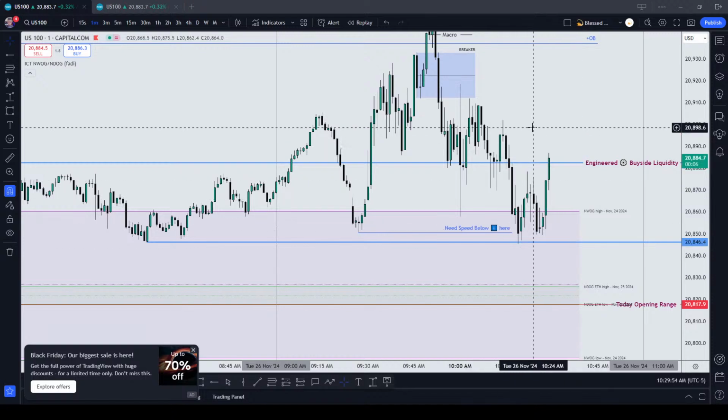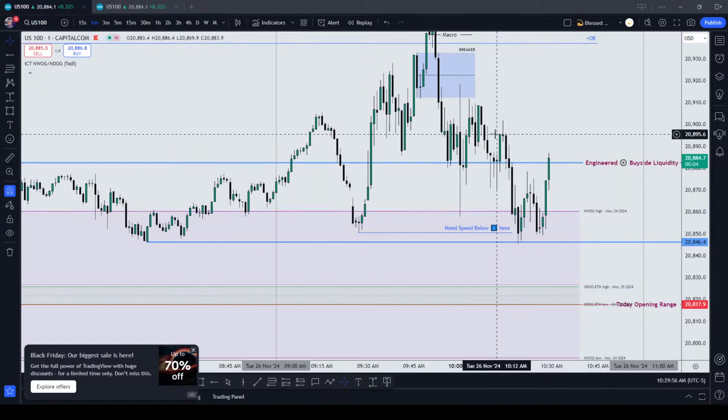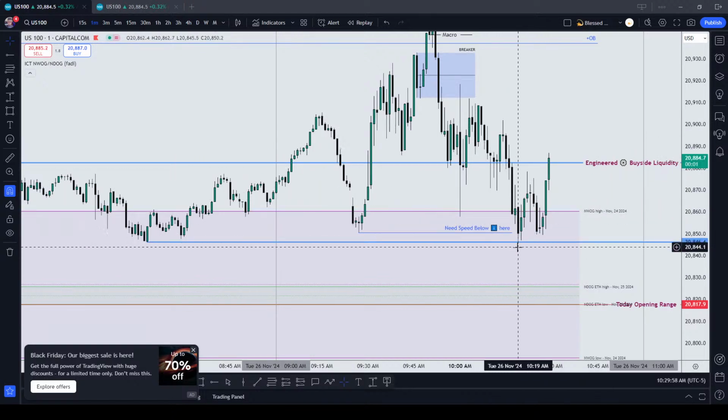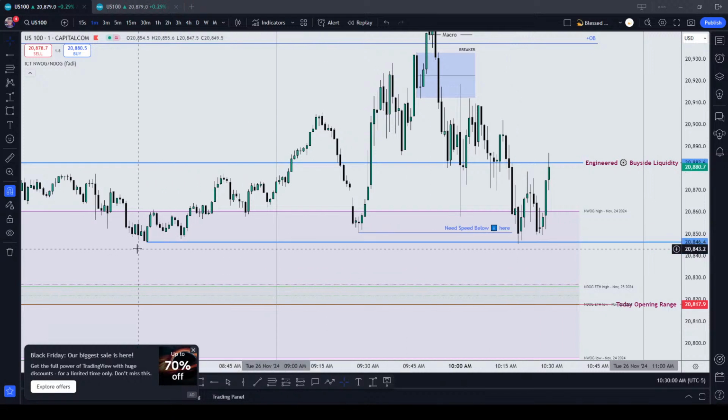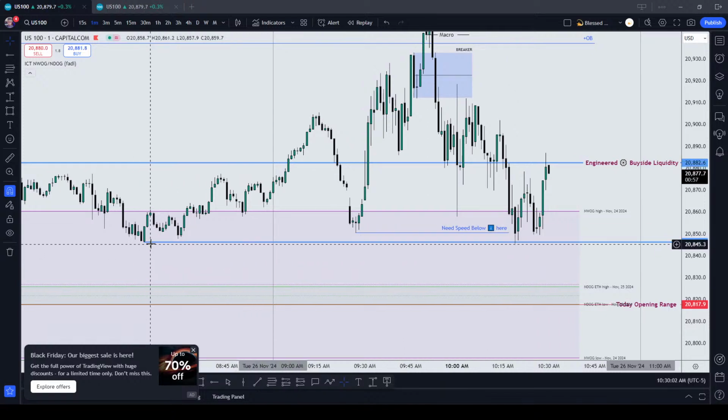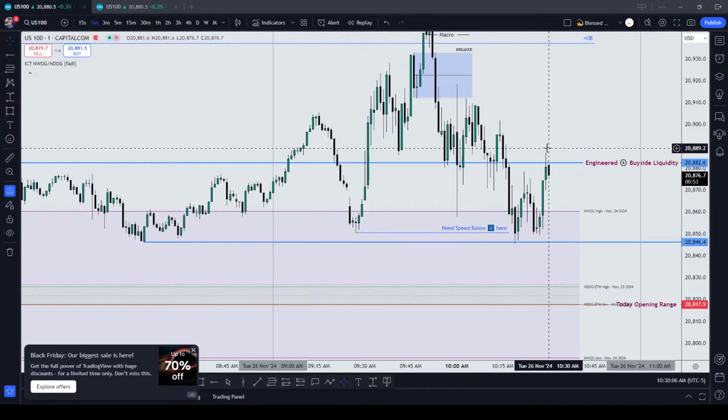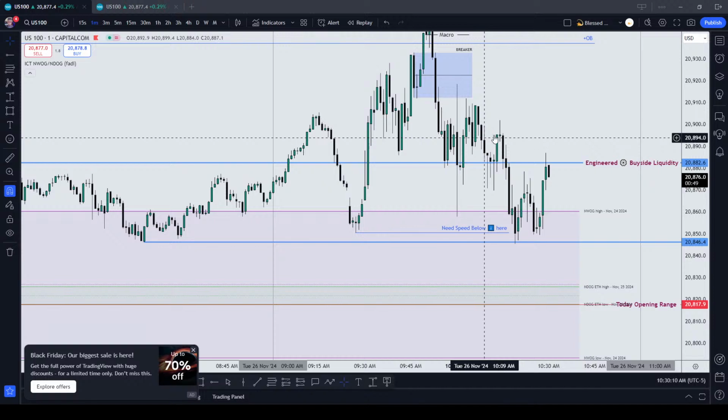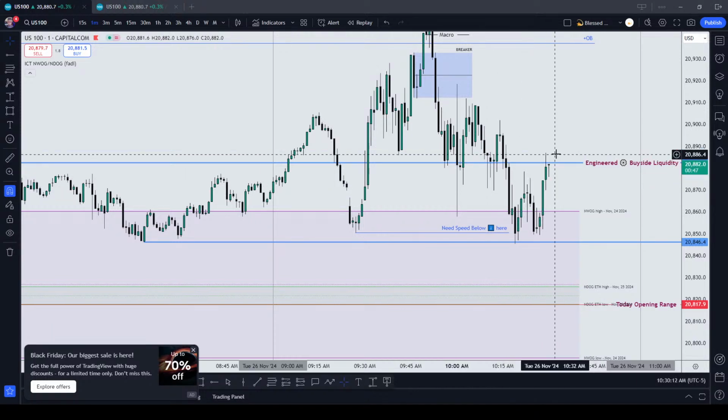So right here, see, it drops down, takes out this low right here, and starts going back up, which is not an algorithmic signature we are looking for that will tell us this thing is actually going in our direction.